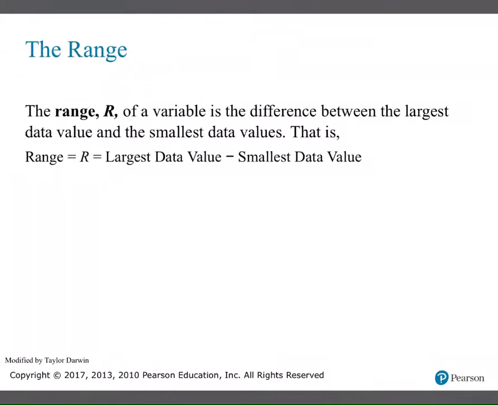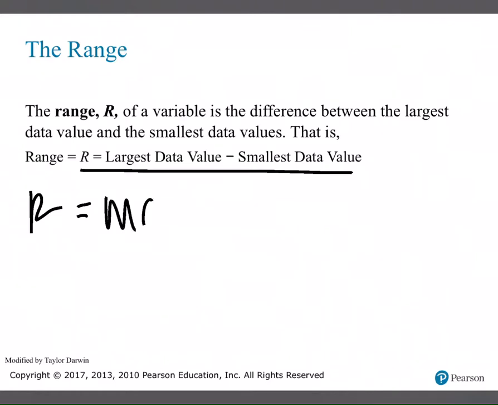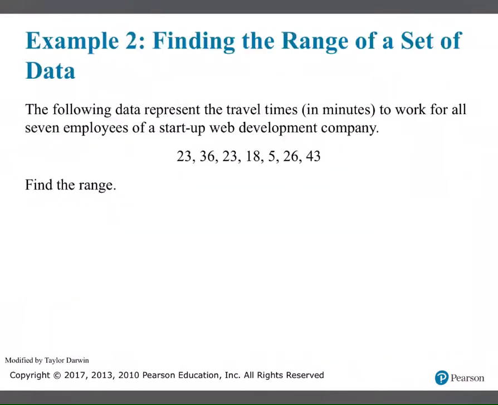Out of those 3, range may be one that you've heard, if any. Range we represent with R, and you can find it by finding the largest value and subtracting the smallest value in a data set, or you can also think of it as the max minus the min.